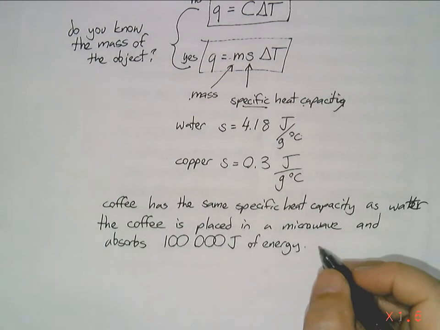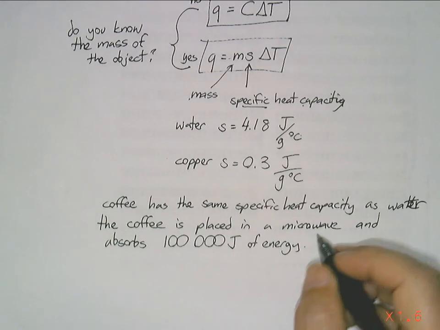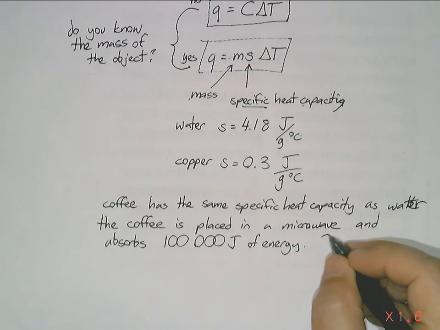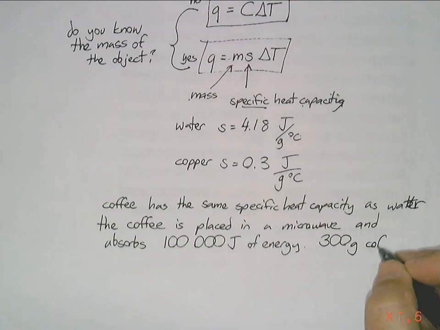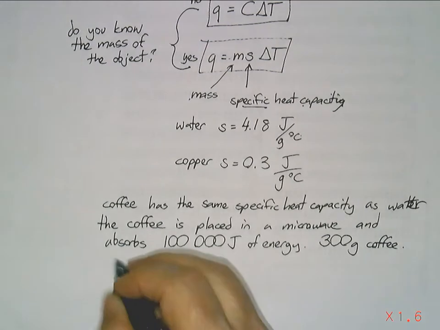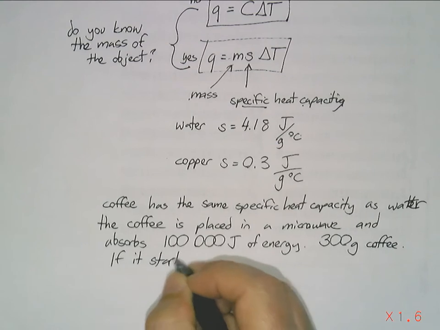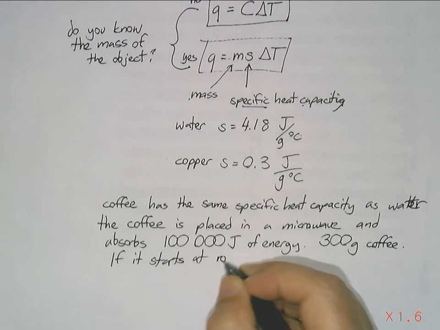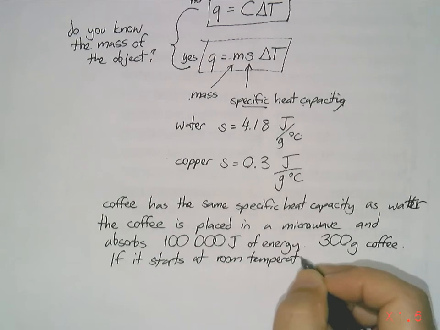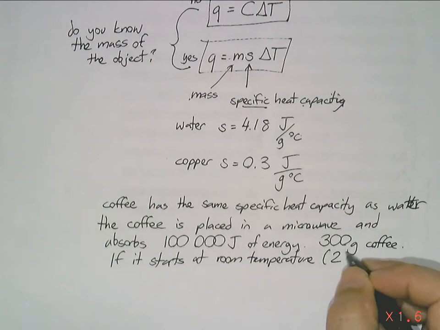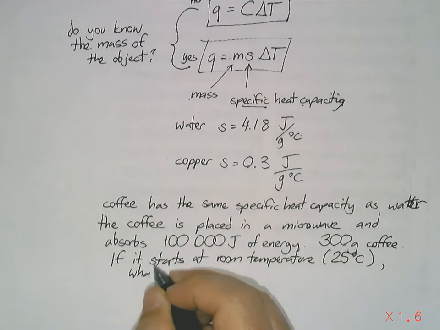Suppose my coffee cup is about 300 milliliters, so suppose I have 300 grams of coffee. If it starts at room temperature (25°C), what's the final temperature?